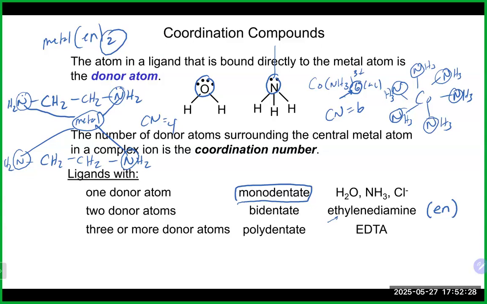Ethylenediamine is a very common bidentate. So is our good friend oxalate, which is also another bidentate ligand, and oxalate looks something like this. Got a couple of double bonded oxygens there, a couple of single bonded oxygens, minus, minus.